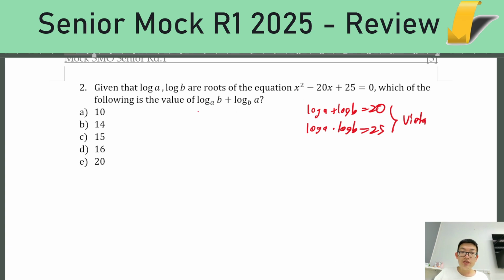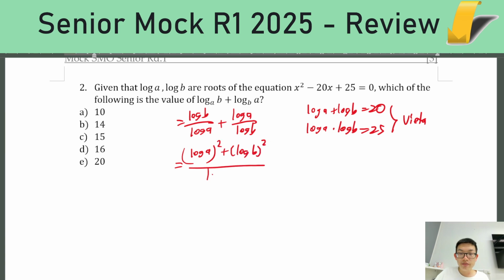Then you have got to see how to get from here to the logarithmic expression log AB plus log BA, which is not very difficult either. It's just that you need to know that by the change of base, you can write it as just log base 10, your common log of A and B, and then rearrange it to look like your symmetric expressions, which may be obtained from there.